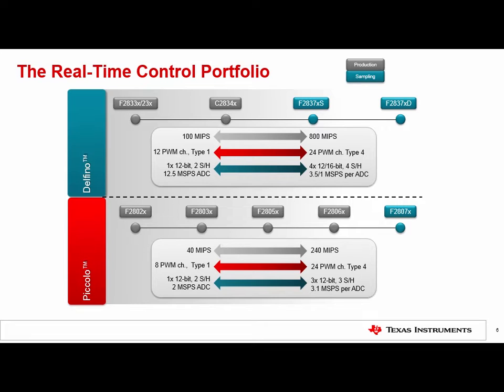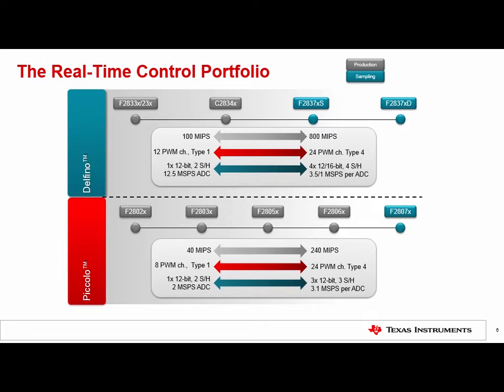These would range in performance from 40 MIPS all the way to 240 MIPS. The Delfino microcontrollers are our higher performance portfolio for higher performance types of applications. So these would be applications which would need performance from about 100 MIPS to 800 MIPS.